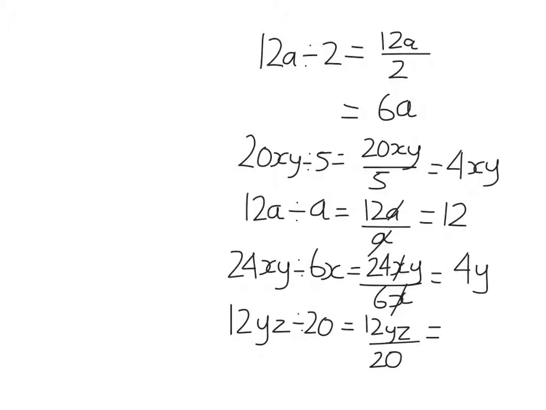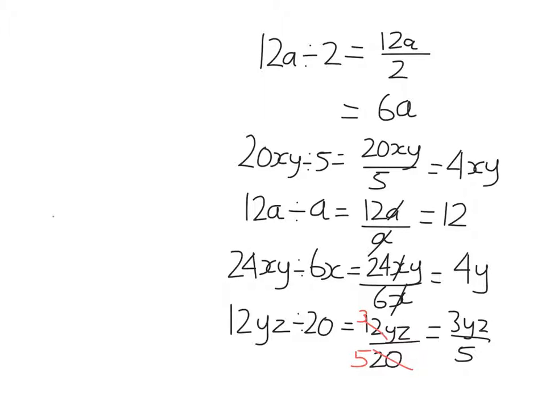The highest number that goes into 12 and 20 is 4, so we divide 12 by 4 gives us 3, 20 divided by 4 gives us 5. So then I'm left with 3yz over 5. I didn't cross out either the y or the z, because there wasn't a y on the top and bottom. Similarly, there wasn't a z on the top and bottom. I only cross out pronumerals when it occurs on the top and bottom.